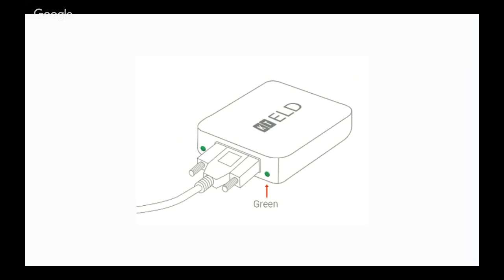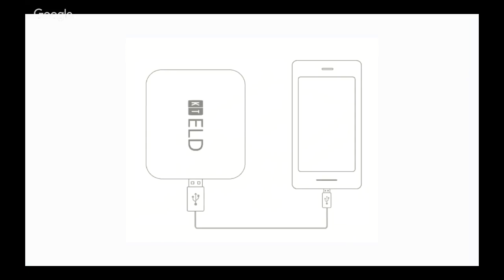Okay. And while we're on this topic of connecting to your ELD device, for those out there that have Android phones or tablets, please note that you can connect to the ELD with your USB cord. You simply have to plug it into the ELD device.